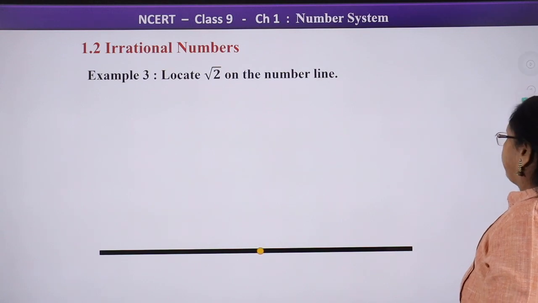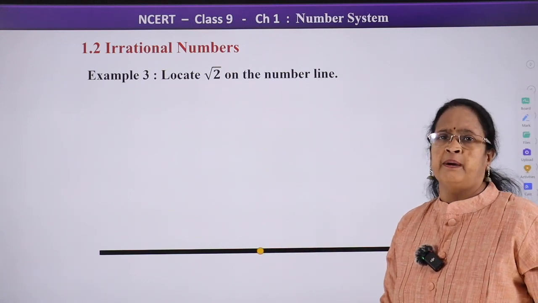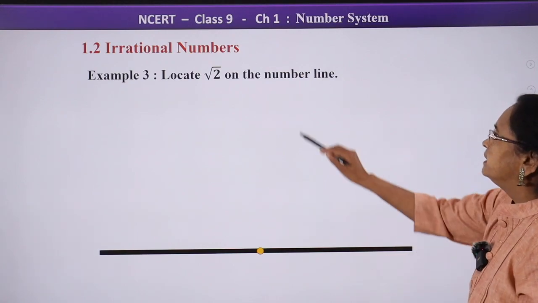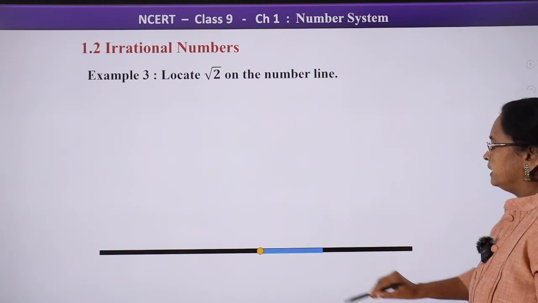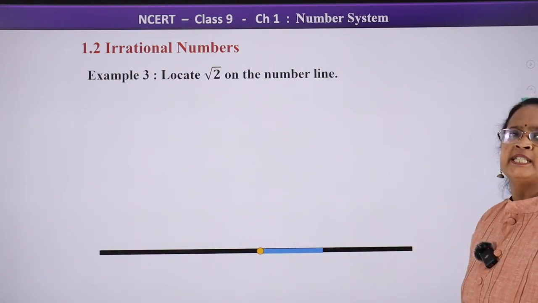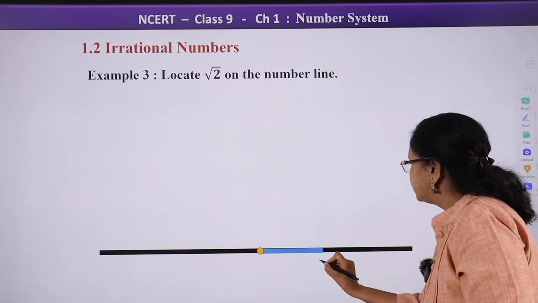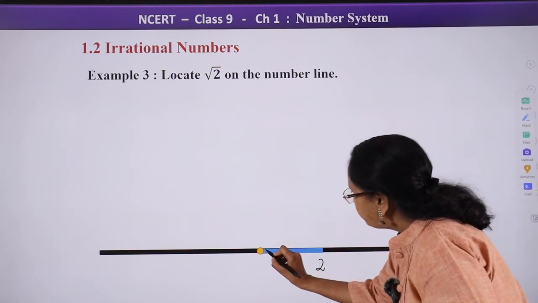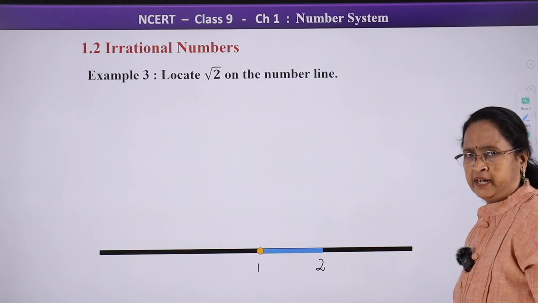The second step, locating a point on the number line. Now, this is 1 centimeter. This is 1 centimeter. I will write this point as 2. The point which I have taken in the beginning is 1.